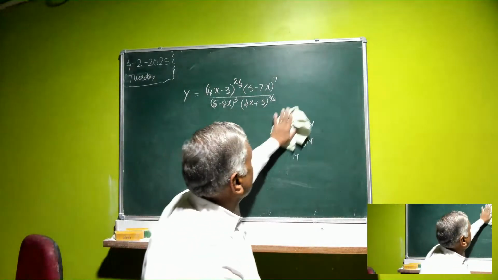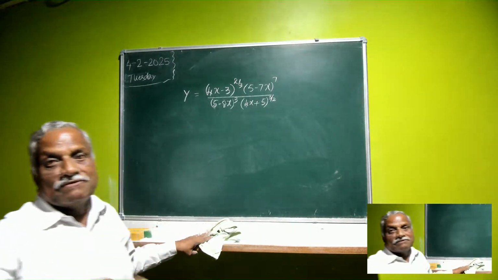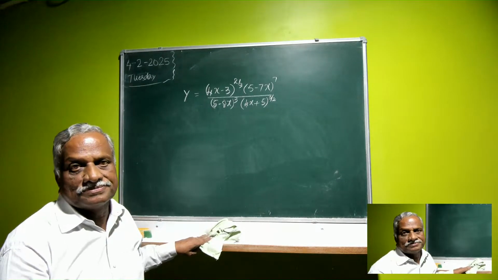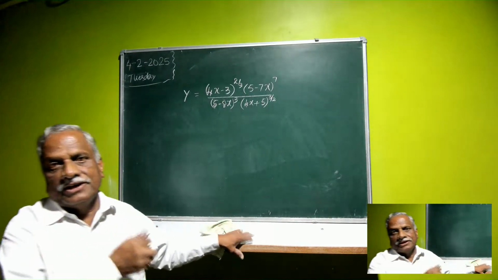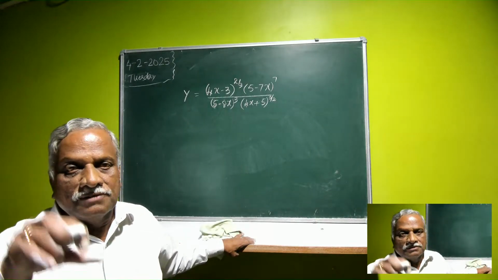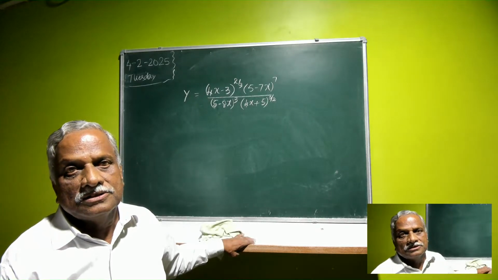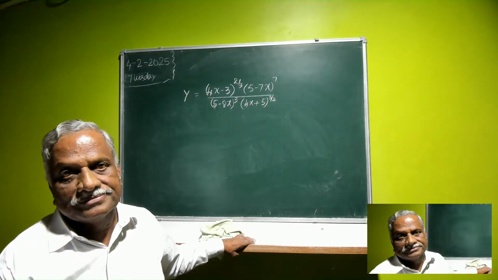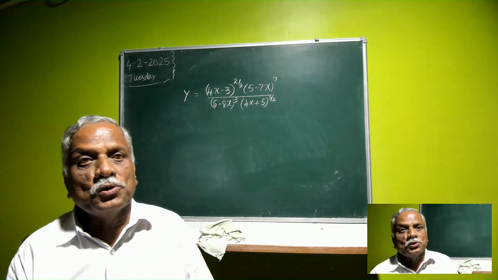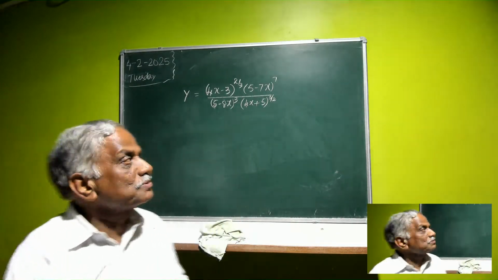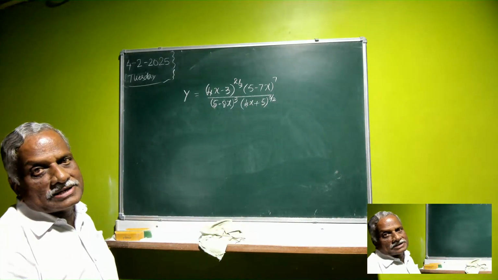To make you understand, I am writing all the steps for the first problem. When I work the next problem of the similar type, I will show you which are the steps you can avoid. Here, when I work this problem, the working may appear a little lengthy. I am writing this to make the concept very clear to you. The first thing is the entire numerator is called m, the denominator is called n.